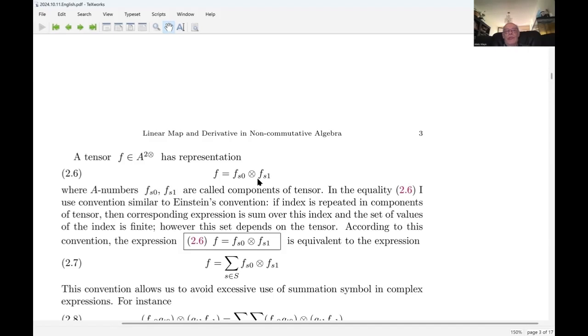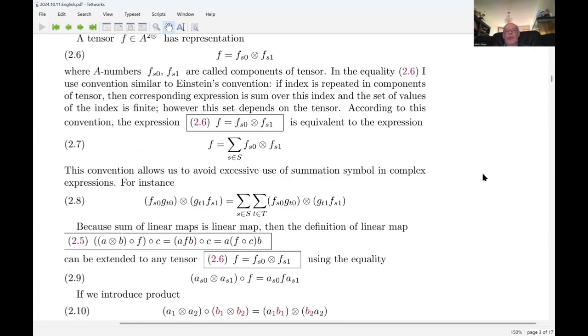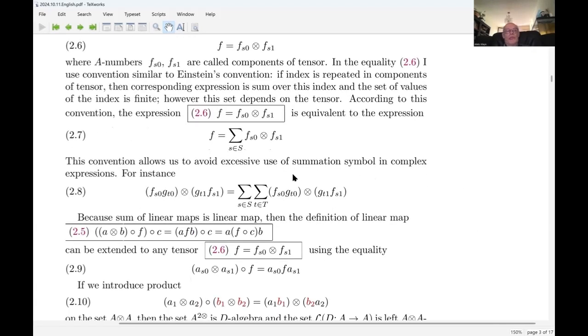However, this set depends on the tensor. According to this convention, the expression 2.6 is equivalent to the expression 2.7. This convention allows us to avoid excessive use of the summation symbol in complex expressions. For instance, you can compare the left and right sides of the equality 2.8.